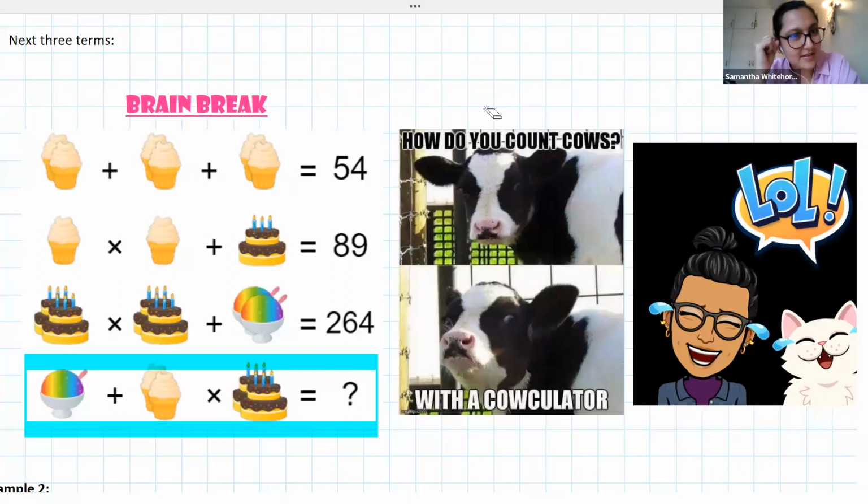Okay, how did we get this? So for the first one, I first said 54 divided by 3, and I got 18. Nice. Then I said 18 divided by 3, and I got 6. Why by 3? Because there were 3 ice cream cones. So then when I got the 6, I said 6 times 2, and I added all of them to get 54.